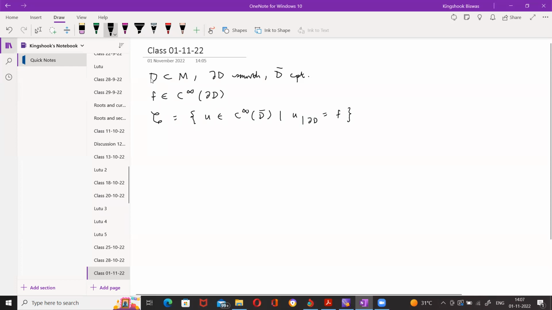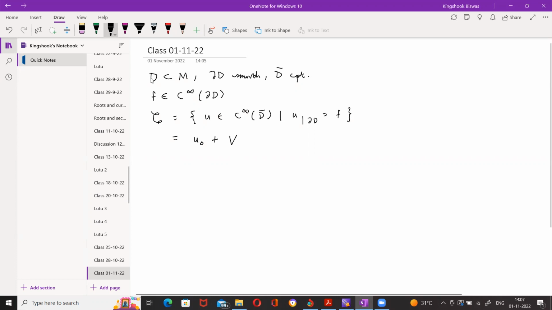This is equal to an affine subspace of the space of functions, right? If I take one function here, u naught, then I can add any function whose boundary value is 0. So functions whose boundary value is 0, that's a vector space, right? So this is u naught plus some vector space.